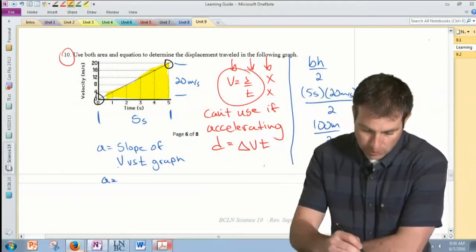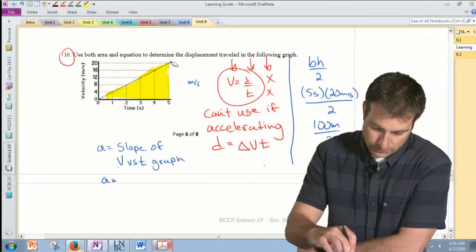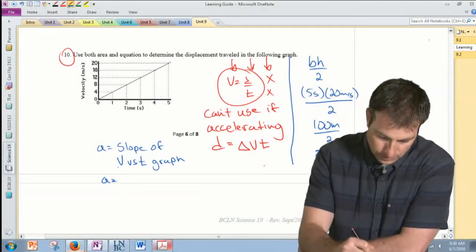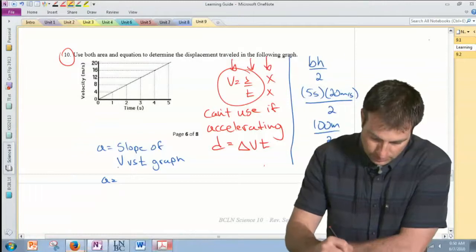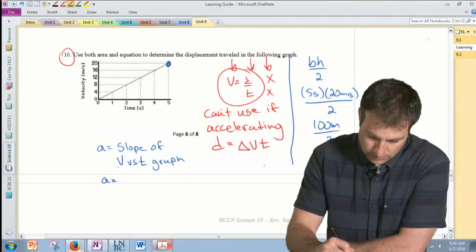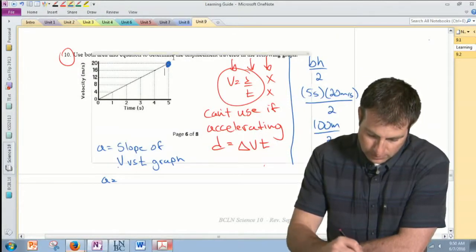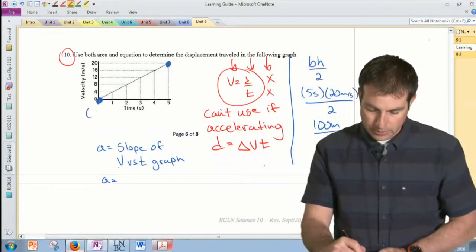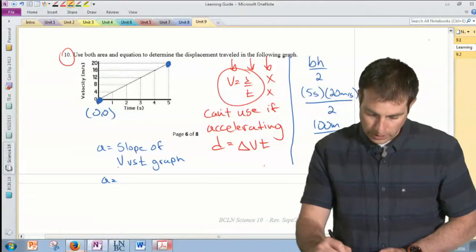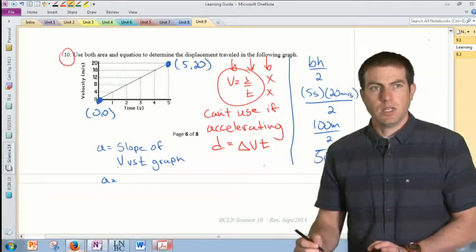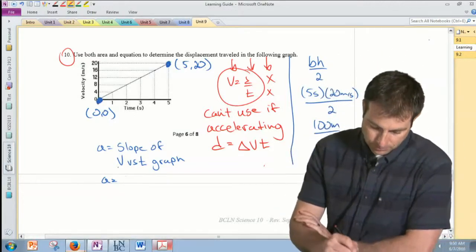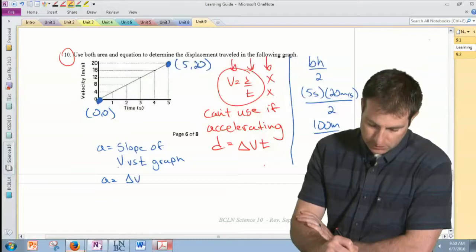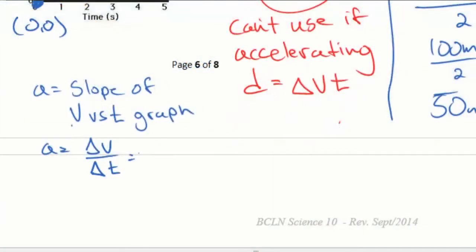All right, let's pick 2 points. Erase all this stuff. All right, there's my 2 points. I have 0, 0, and I have 5, 20. This is a change in velocity over a change in time.